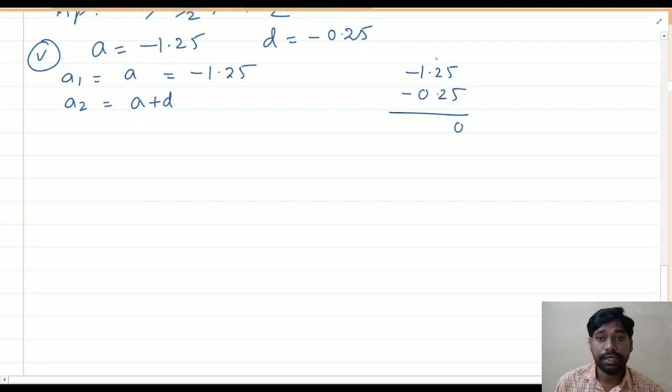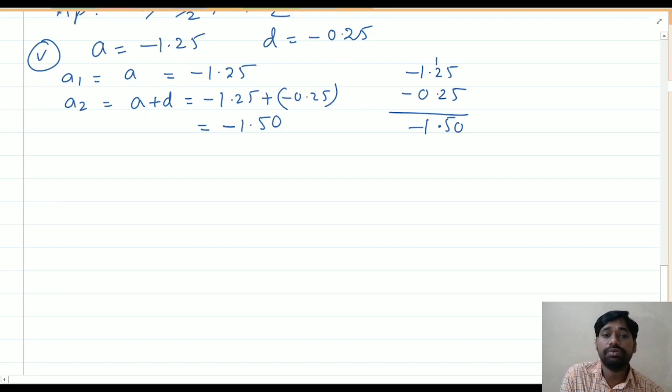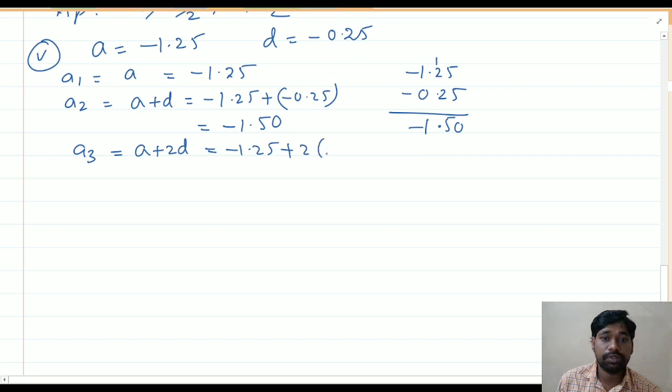So adding these, it is minus 1.25 plus minus 0.25, which equals minus 1.50. For negative numbers, we add and simply keep the sign as minus. A3 can be written as A plus 2D, that is minus 1.25 plus 2 of minus 0.25. 2 into 0.25 is 0.5, and adding, it becomes minus 1.75.